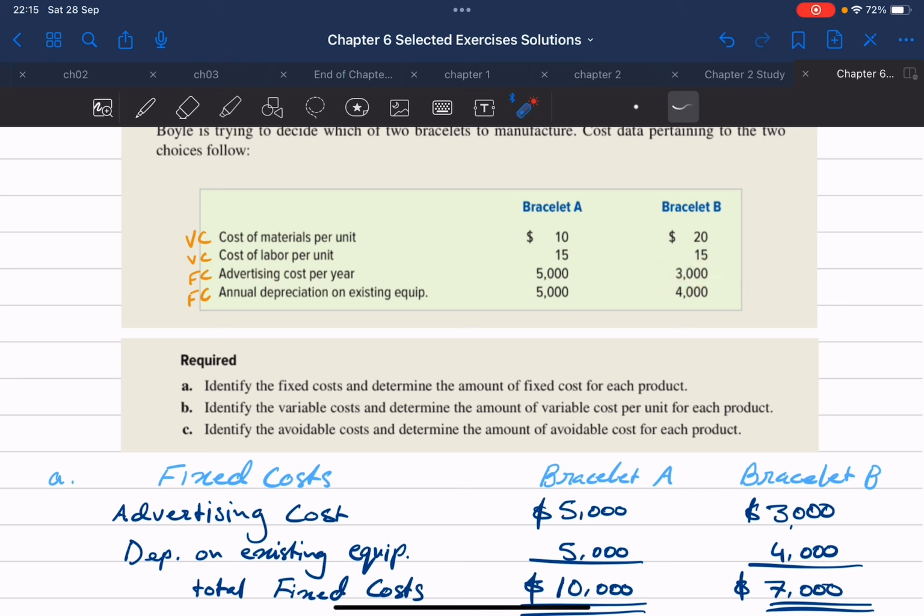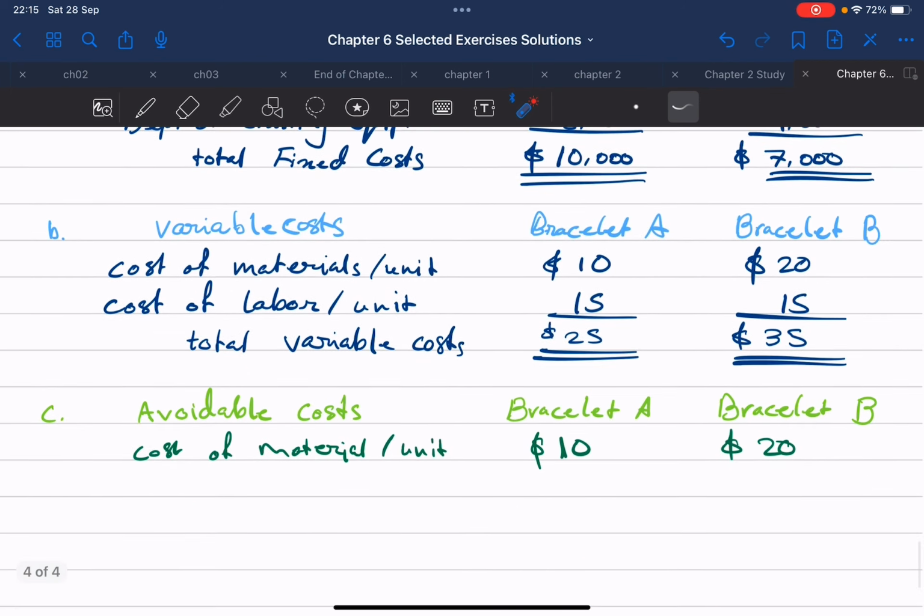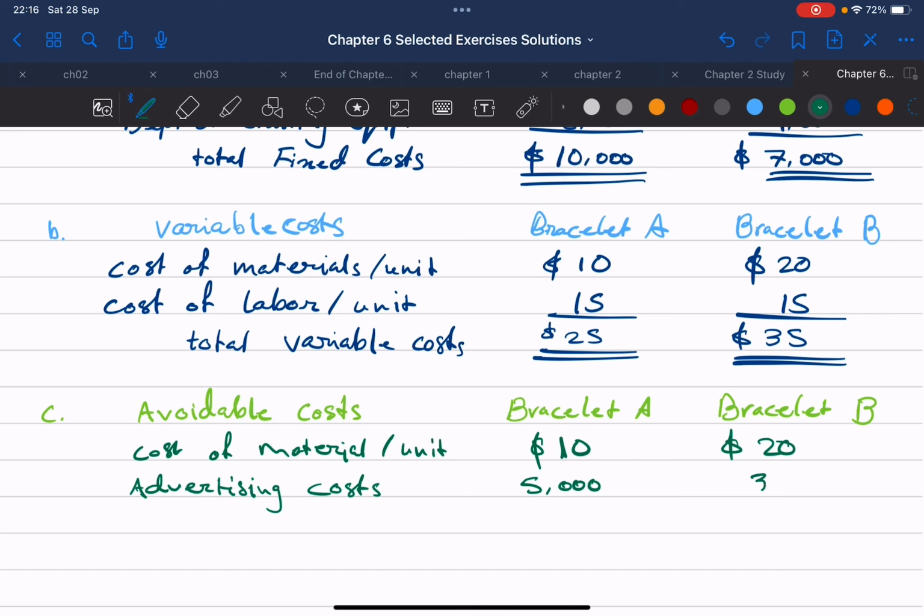If they choose A, they're going to incur the $5,000 and not the $3,000 to advertise bracelet B, right? So here, advertising costs. For bracelet A, it was 5,000. For bracelet B, it was 3,000.